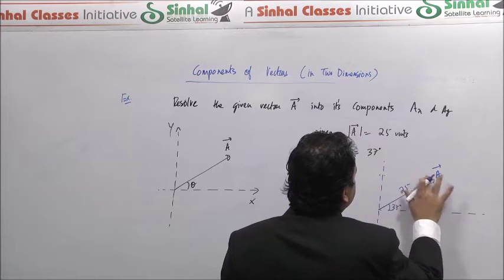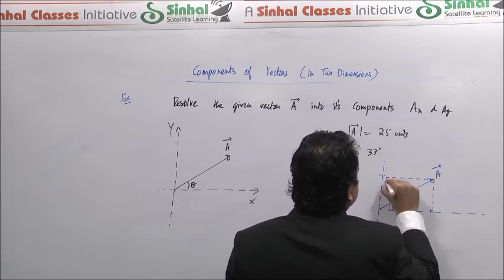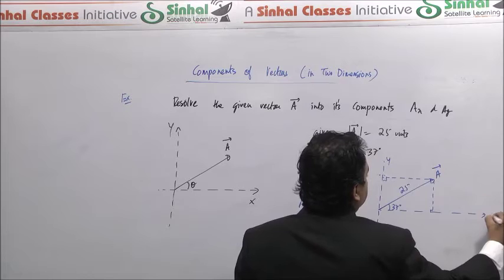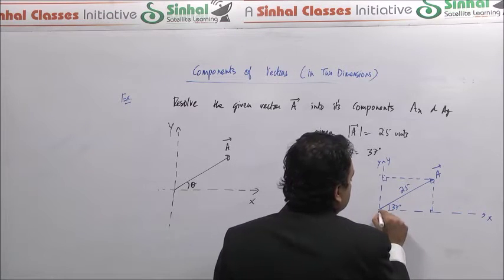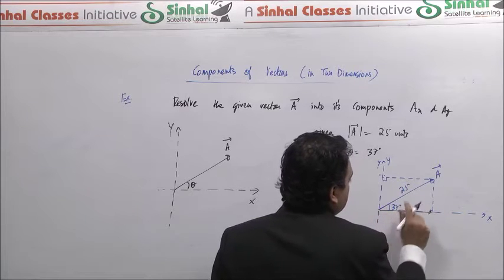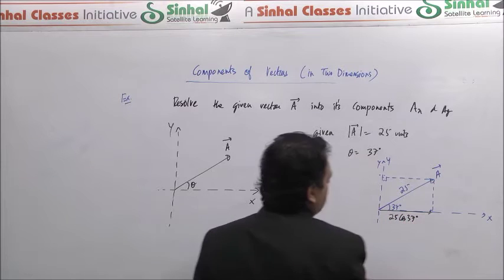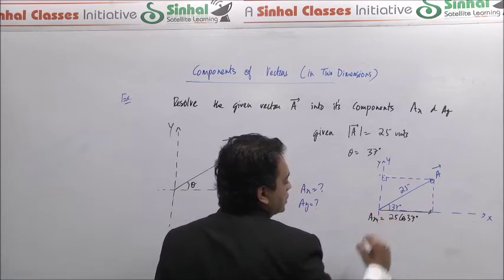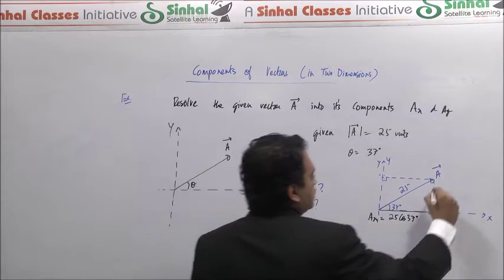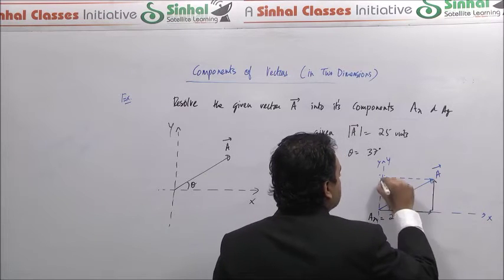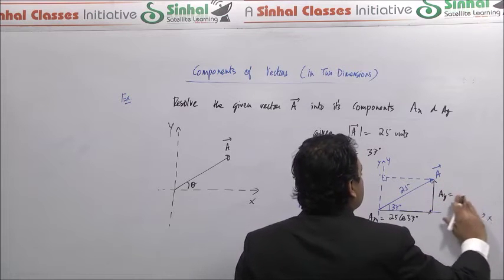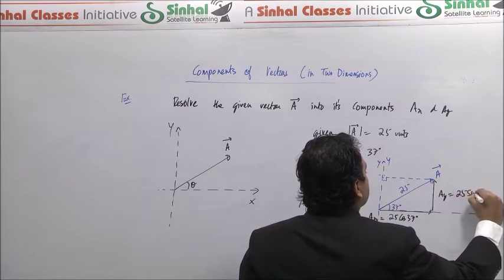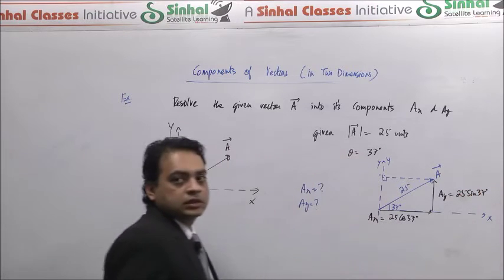So dropping these perpendiculars onto the x and y axis, we can see that this particular component will have a magnitude of 25 cos 37 degrees. Okay. So that is Ax, and this particular component, which is the same as this here, would have a magnitude of 25 sin 37 degrees.